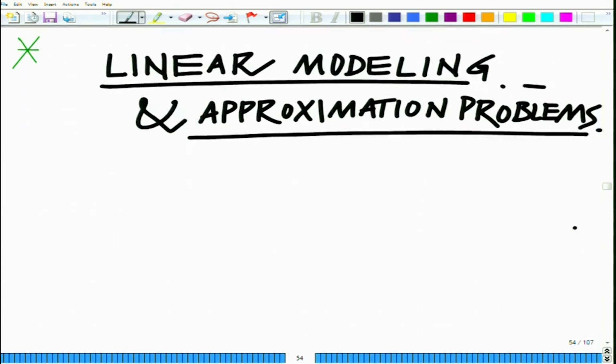Linear modeling and approximation problems. If you consider the linear model, a general linear model can be described as follows.